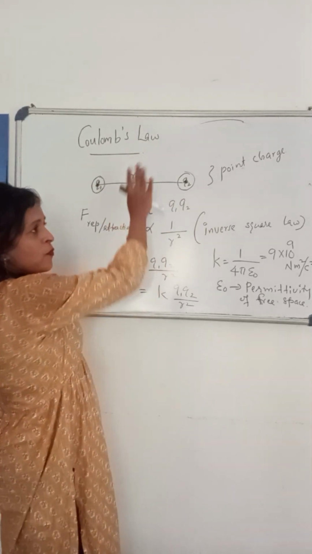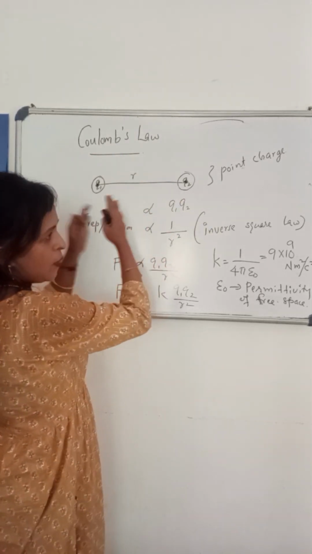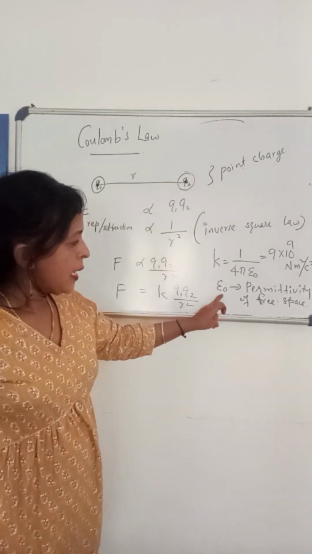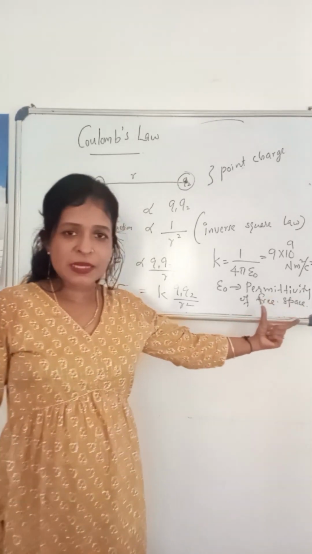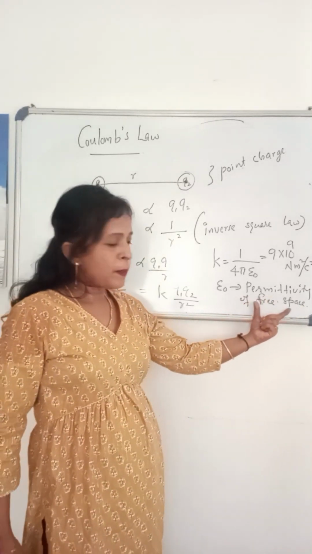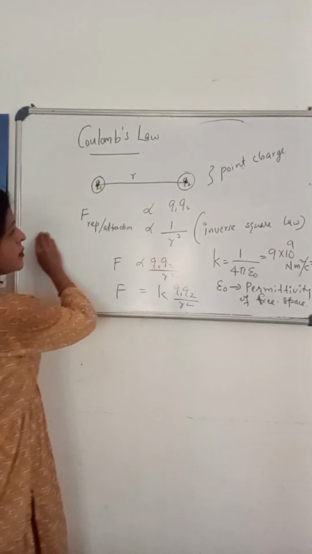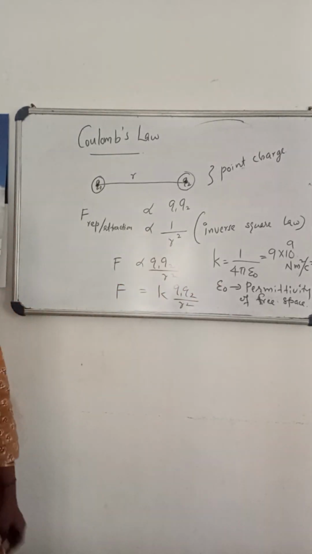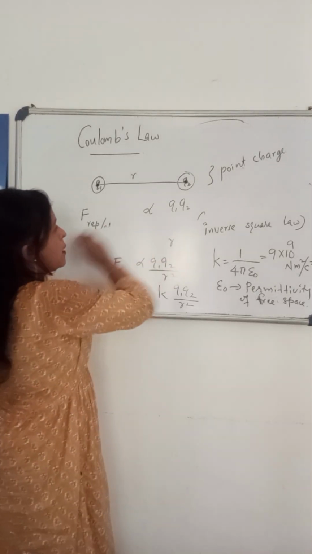That term, which opposes the force of attraction or repulsion between the two charged bodies, is known as the permittivity of free space. And if it is a medium, we say it is the permittivity of the medium. Write down, just pause the video and take down the notes. Okay.